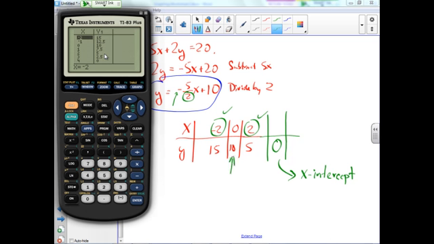And this is the y intercept. Anybody have any ideas there? What would be a quick way of coming up with the x-intercept? Well, actually, in this case, you can read it right off there. But let me show you the other way.